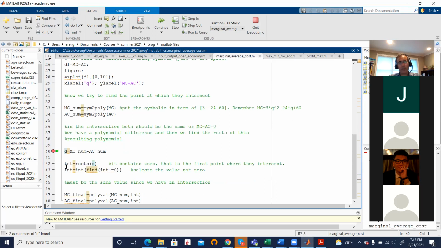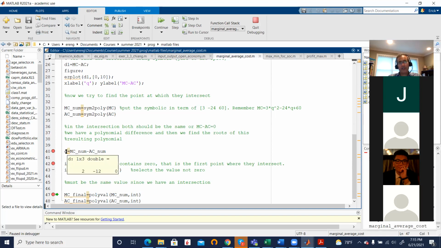Yes. Then I compute D. And to get the roots of it all, and then essentially you're eliminating a root that's 0 because that's not useful to you because it doesn't indicate intersection, or it could, but it doesn't in this case. And then you just find it, and then evaluate the final value, which theoretically should be the same. Right. Do you agree?